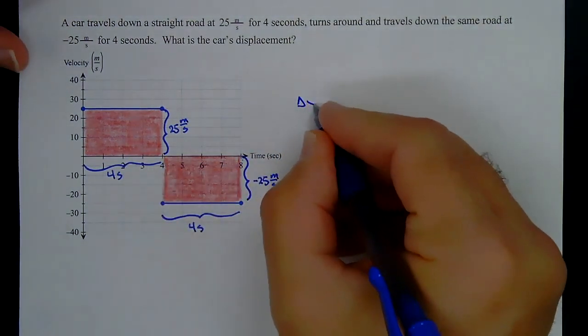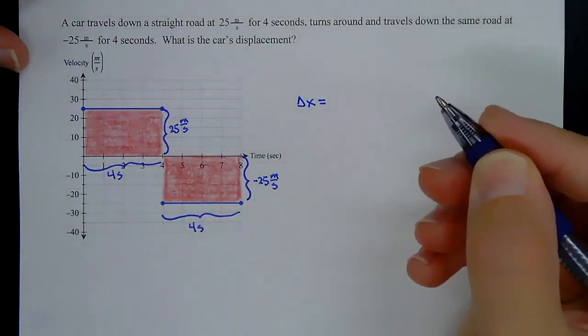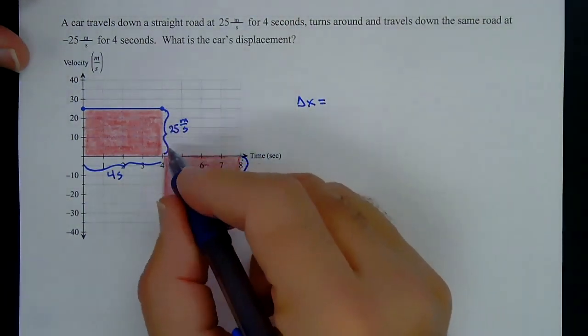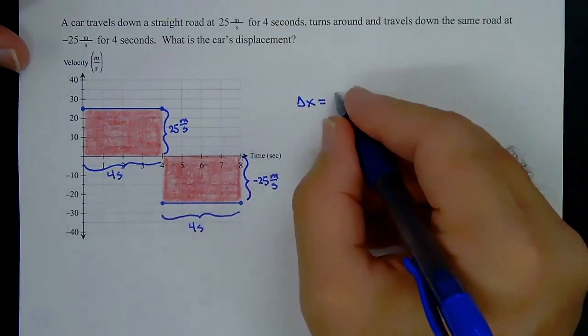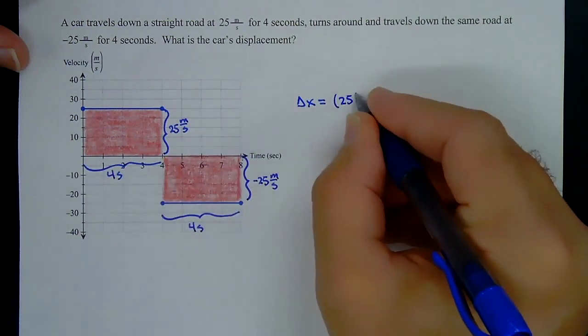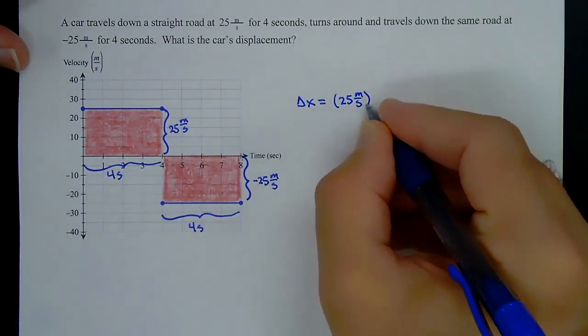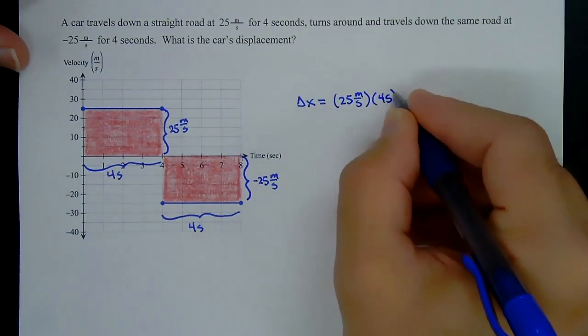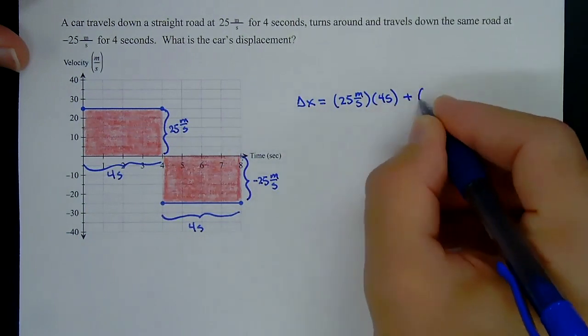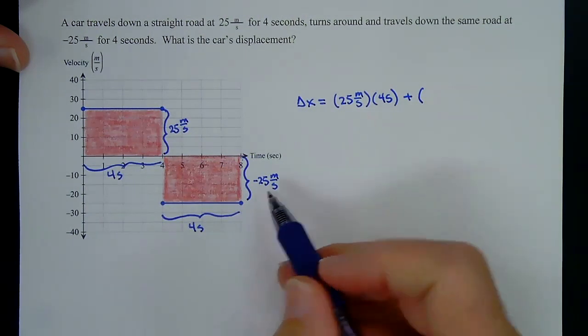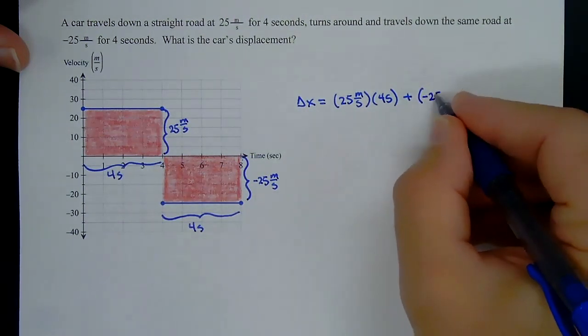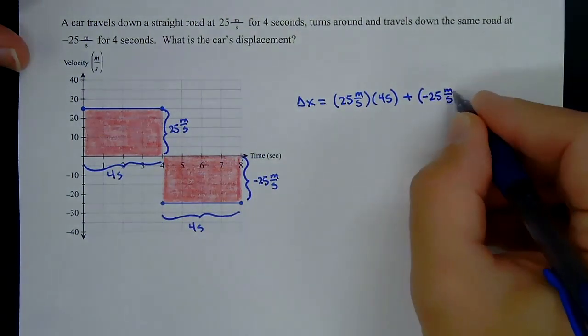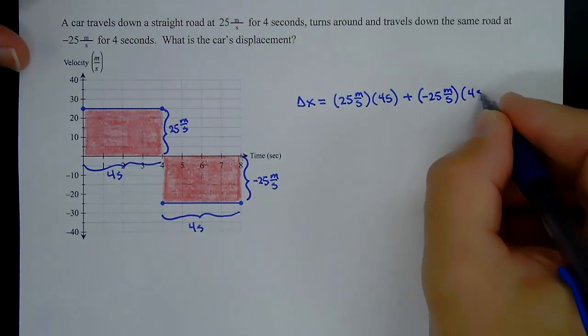So my displacement is equal to 25 meters per second times 4 seconds, and then I'd add to that the negative 25 meters per second times the 4 seconds.